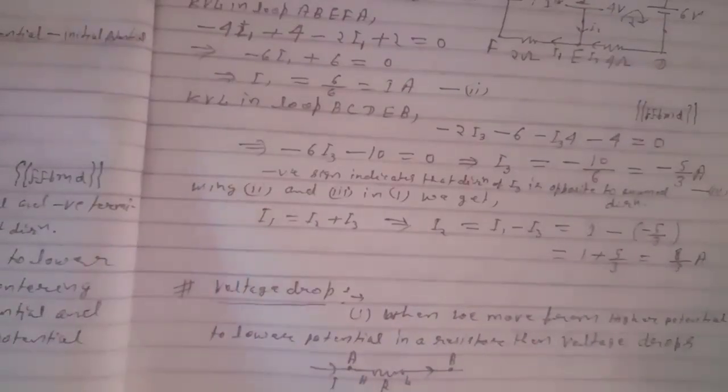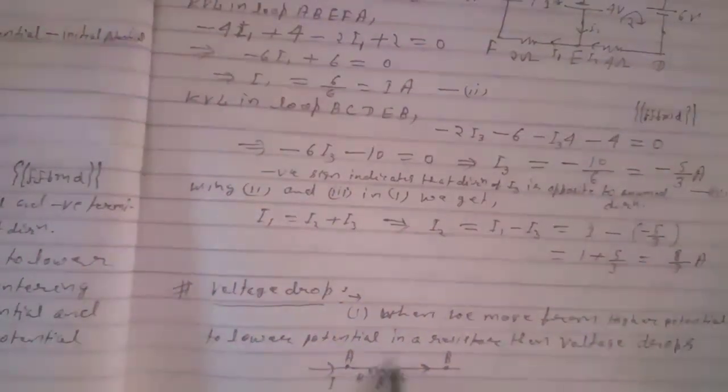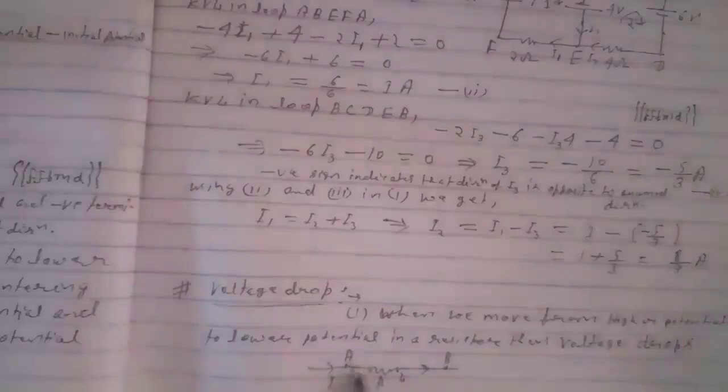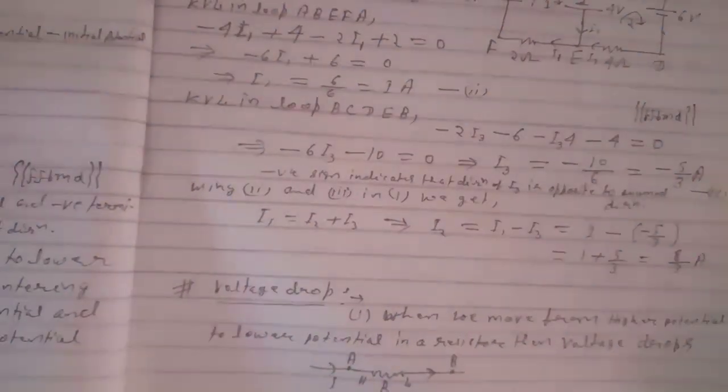So we can write VA, the potential at A, minus this value, which is the drop going in this direction, so minus IR equals VB. Because A is at higher potential, we have to remove some voltage so that it becomes equal to VB. So VA minus IR equals VB, so VA minus VB equals IR.